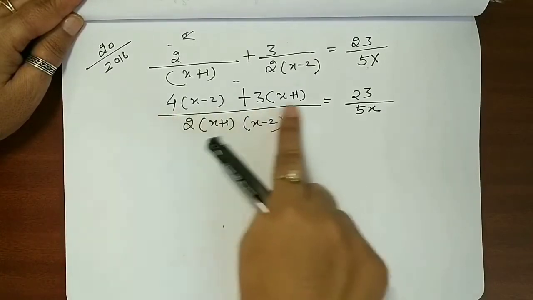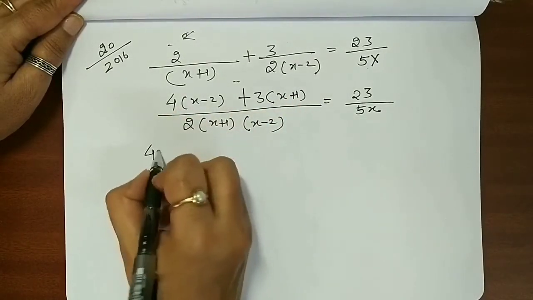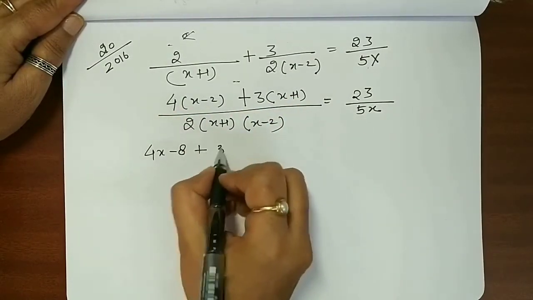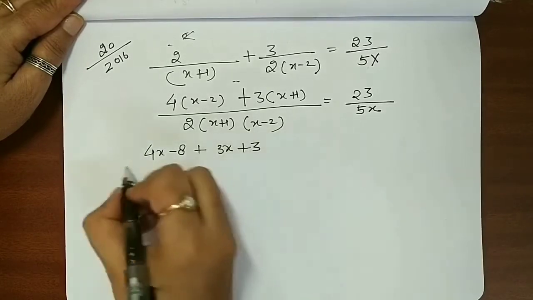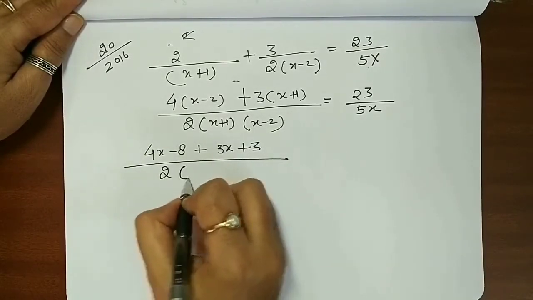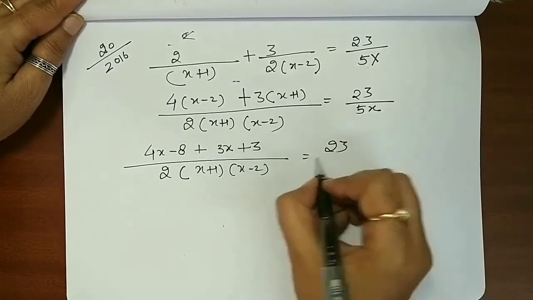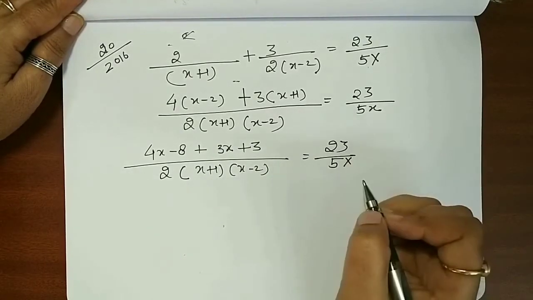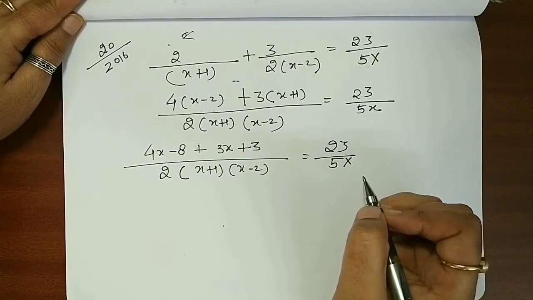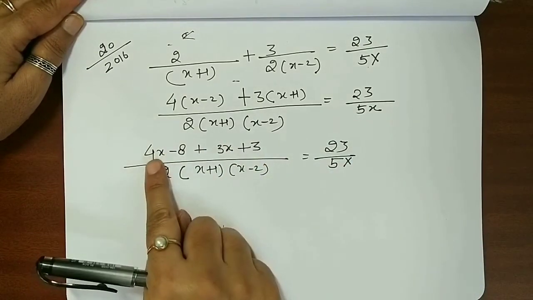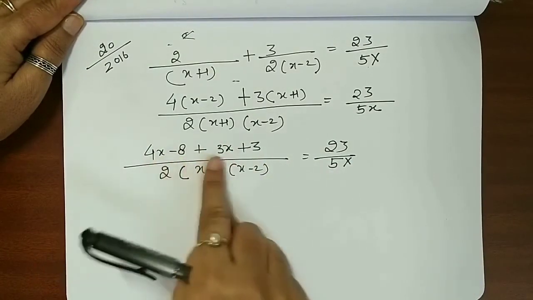Now I can open the bracket. So it is 4x minus 8 plus 3x plus 3 by 2 (x plus 1)(x minus 2), 23 by 5x.